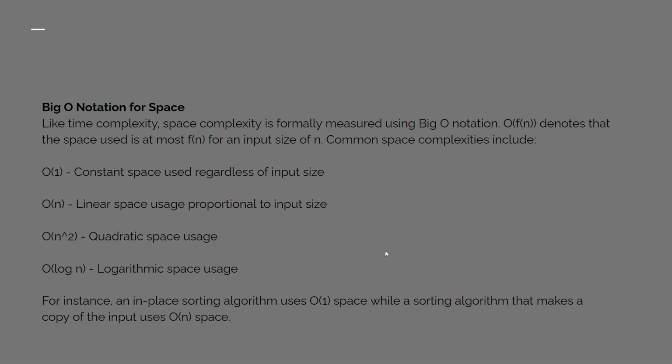For instance, an in-place sorting algorithm uses O of 1 space, while a sorting algorithm that makes a copy of the input uses O of n space.